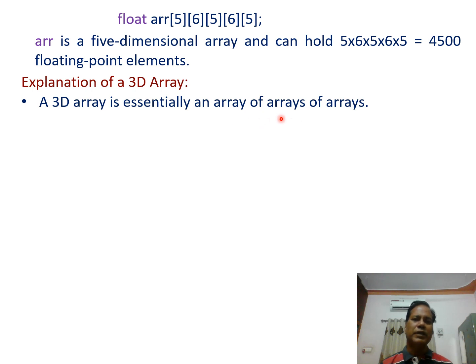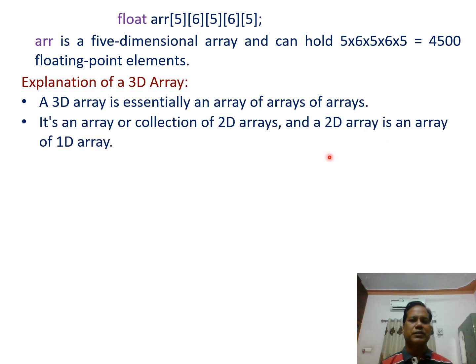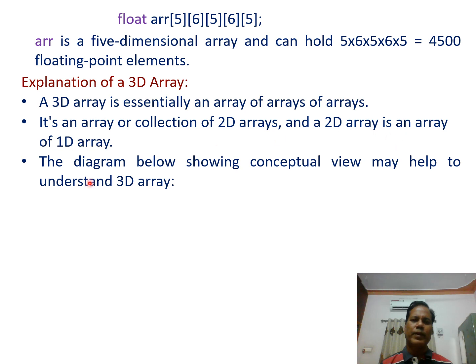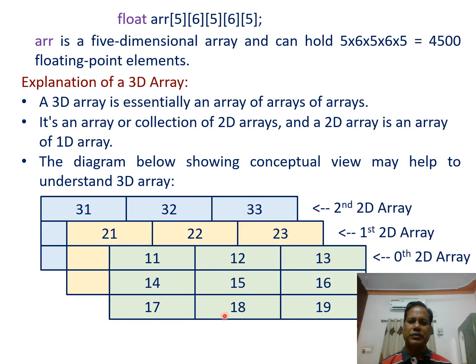It's a collection of 2D arrays, and a 2D array is a collection of 1D arrays that we are familiar with. The diagram below shows a conceptual view that may help to understand 3D arrays like this one.